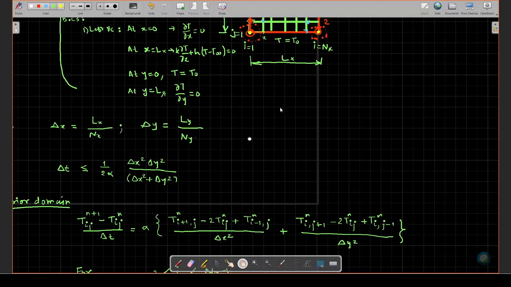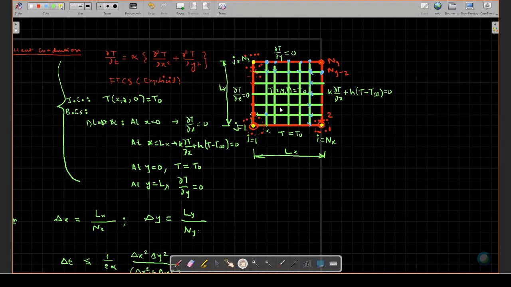Suppose this point, these are all interior points. So these points are starting from i j 2. What is the ij index for this? i equals 2, j equals 2, right? And here you see what is the index? i equals nx minus 1 and j equals 2.